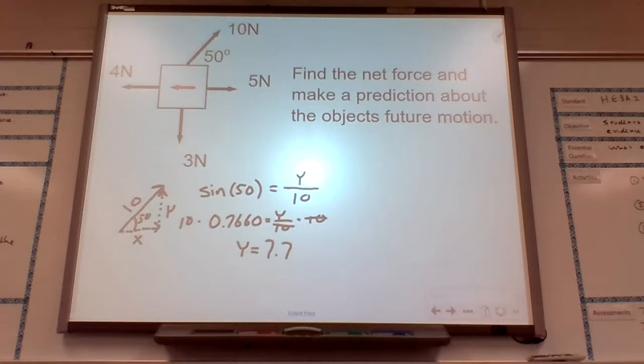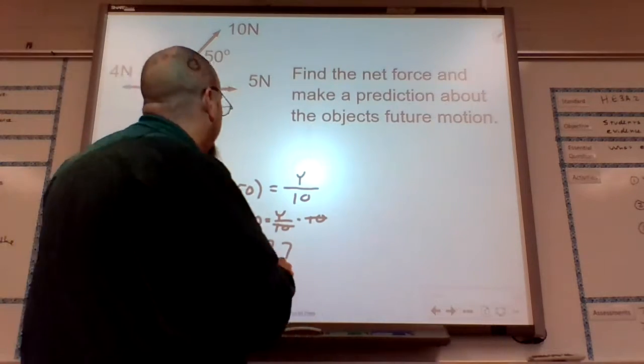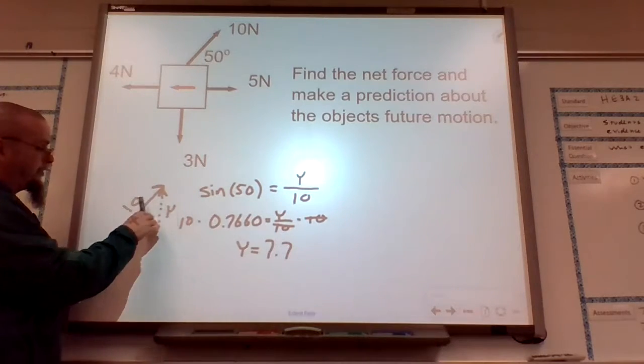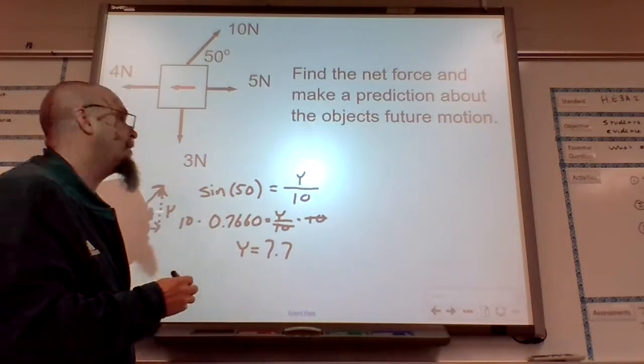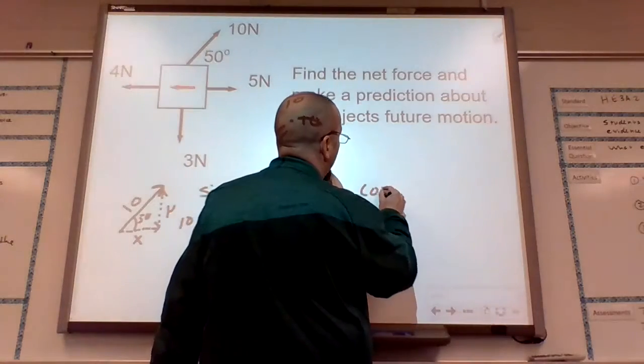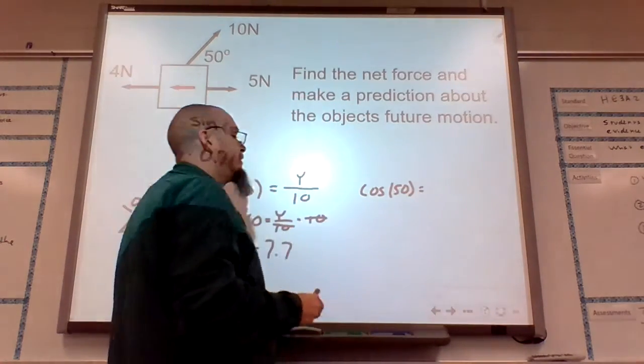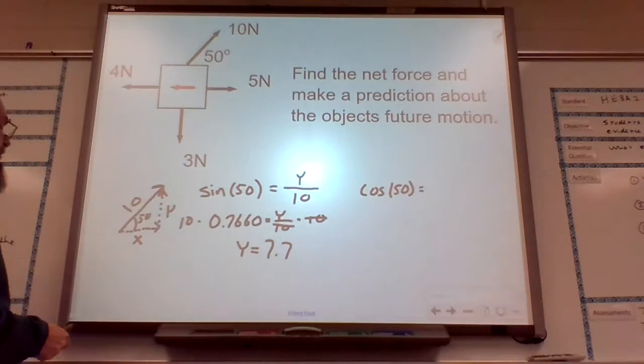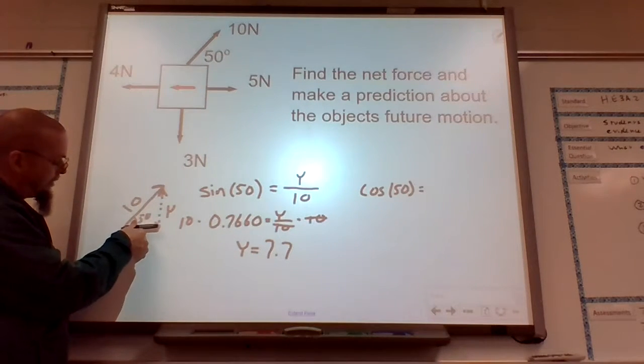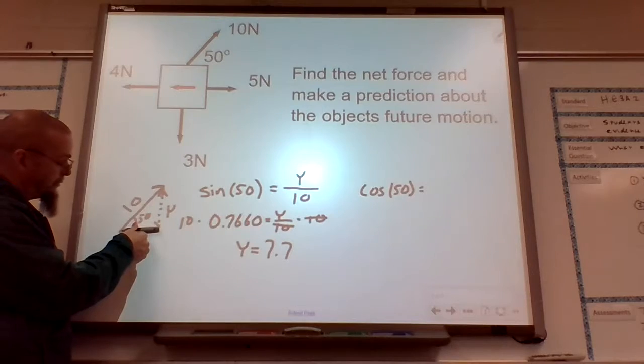That's how I find the y. And again, it's y because we use sine, and sine is opposite over hypotenuse. Cosine of 50 is going to be equal to adjacent over hypotenuse. Adjacent is the side that's actually part of your angle.